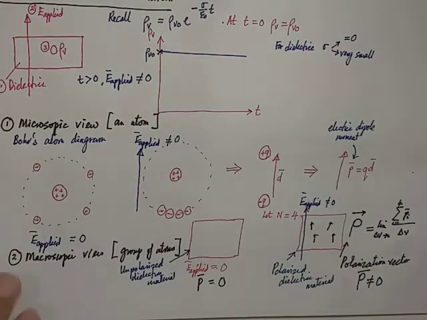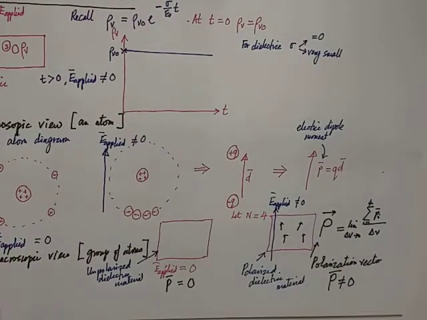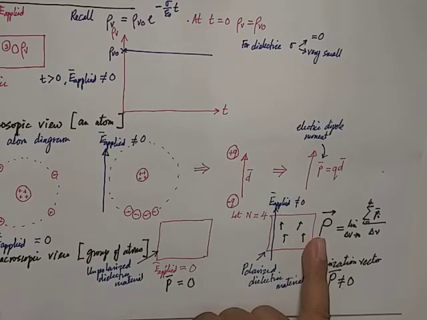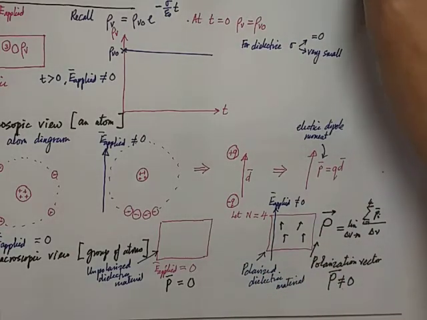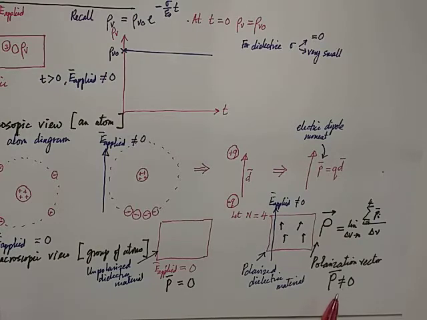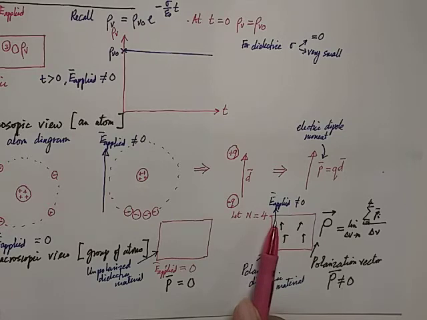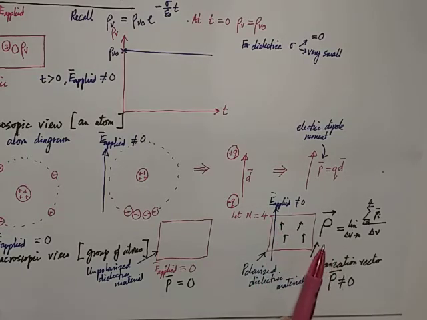So now, what we can see here is that the P in this particular model will not be equal to 0 whenever the dielectric material is exposed to the E applied. So the condition for the capital P to exist is affected by the appearance of E applied. So how are we going to relate the polarization vector to the electric field?